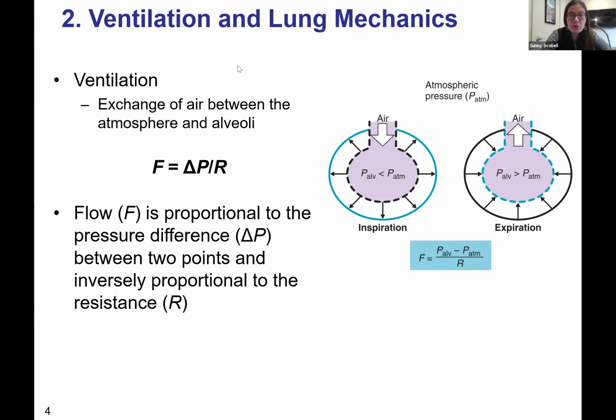You can also make note of the fact that flow is inversely proportional to the resistance, and it is directly proportional to the difference between the two pressure points. So if you have a very big difference in pressure between the two areas, you will have a very high flow rate. If you have high resistance, you will have low flow.